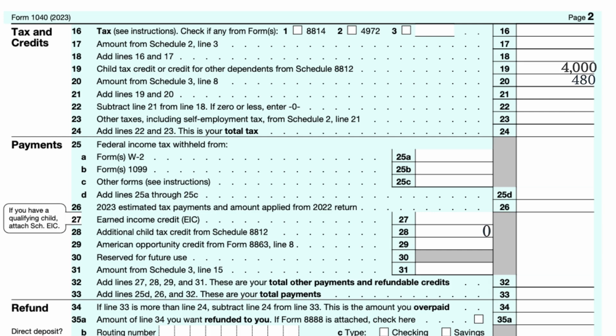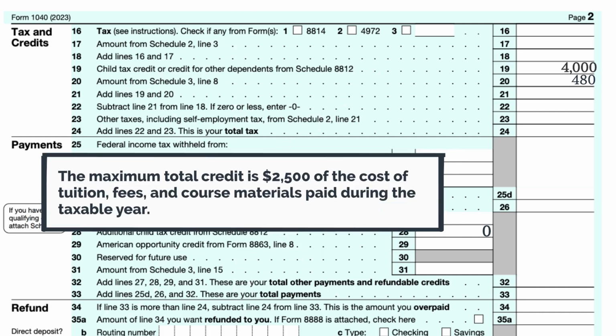Line 29 is for the American Opportunity Credit from Form 8863, education credits. The maximum total credit is $2,500 of the cost of tuition, fees, and course materials paid during the taxable year.